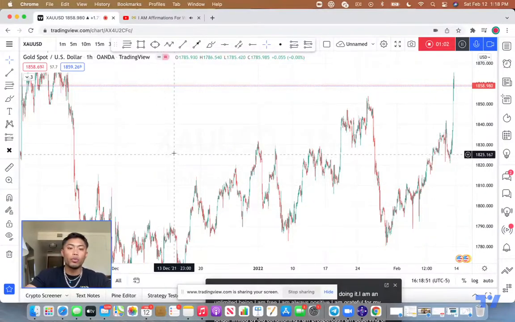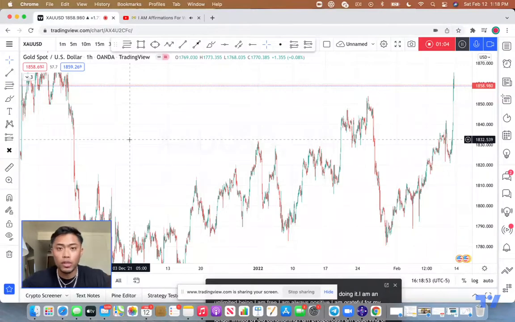Now, before we actually dive into that, I just want to go over a quote that I learned today. Warren Buffett says that the marketplace, whether it be stocks, foreign exchange, whatever it is, is literally a wealth transfer from the impatient to the patient.